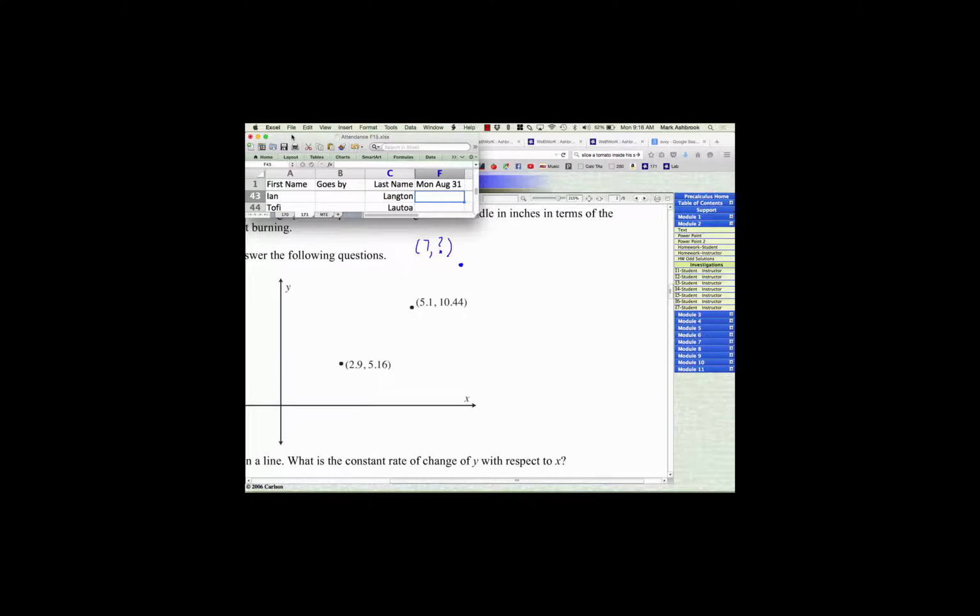All right. How about, what's your name again? Caitlin, did you get it? Well, no, tell me how you did it. You found the rate of change, and just quickly, how did you do that?